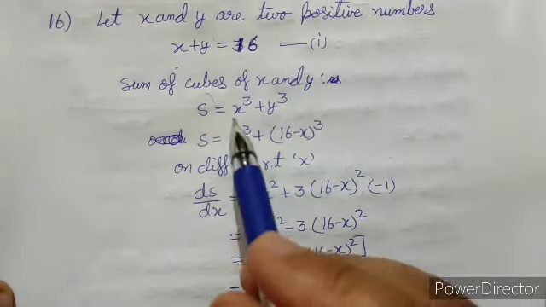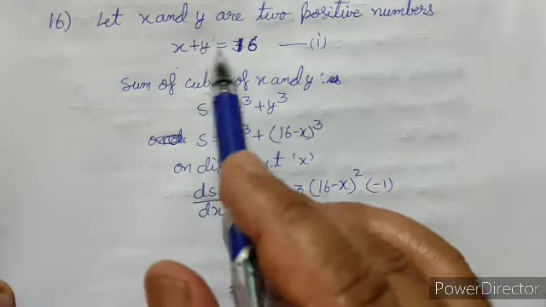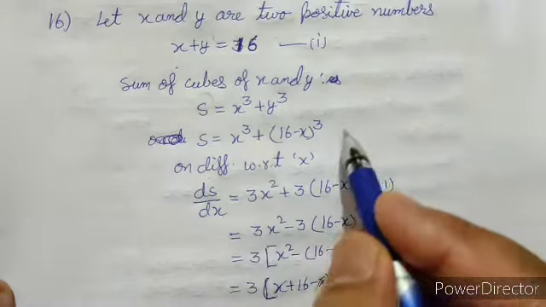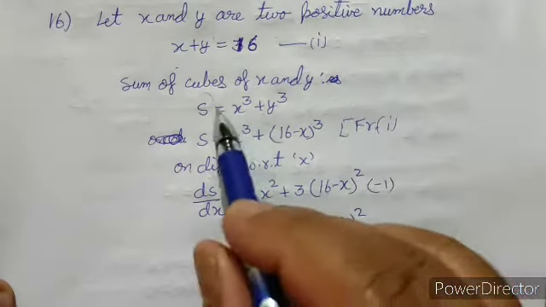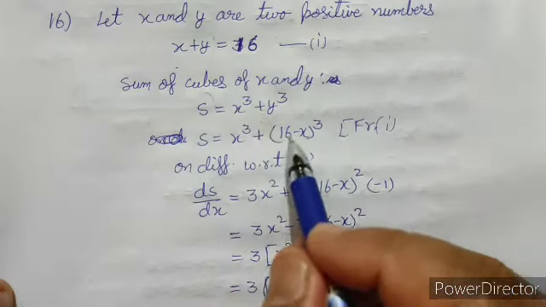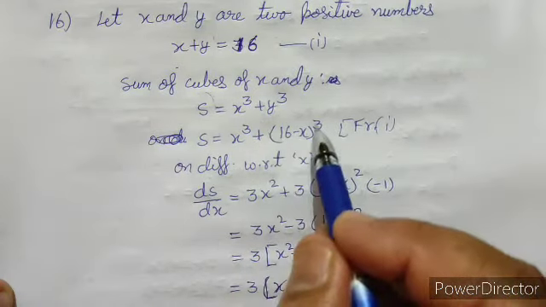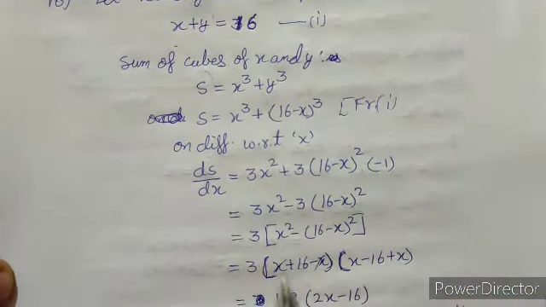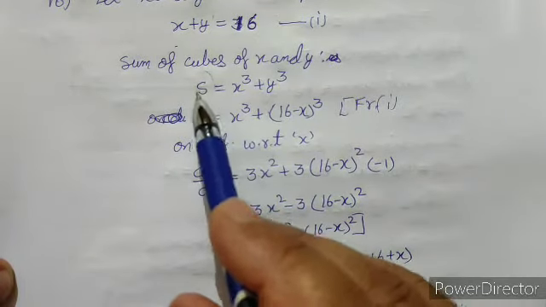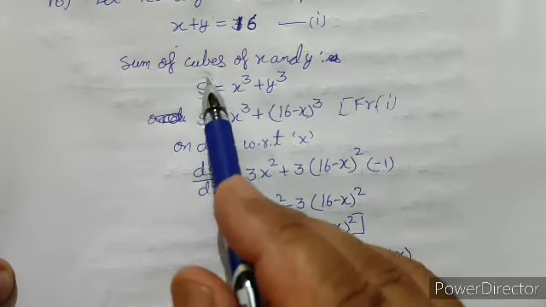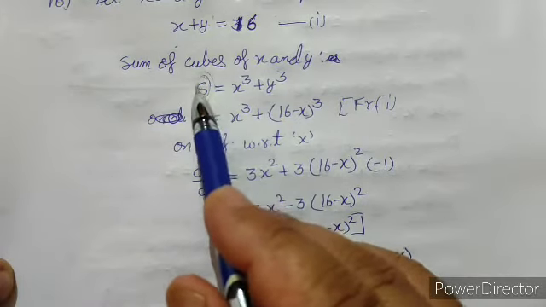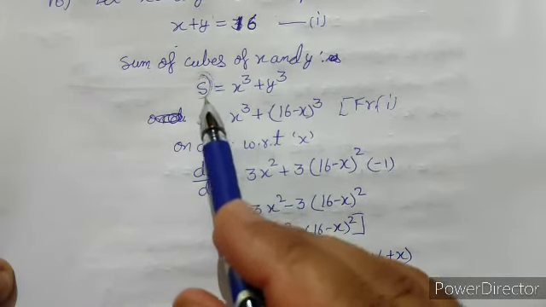Now on putting the value of y from equation first, s will be equal to x cube plus (16 minus x) whole cube. Now on differentiation we have to minimize this s, so we will apply the second order derivative to s.